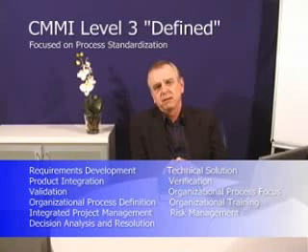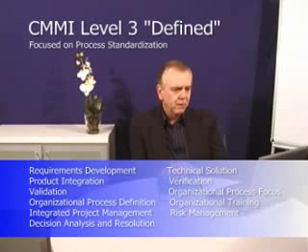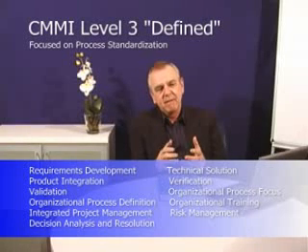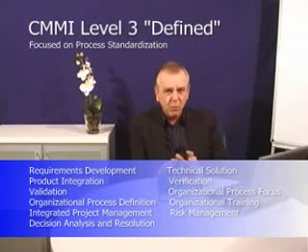Risk management, again, is another management process area that sits on top of project planning, project monitoring and control, but it focuses primarily on the discipline of managing risks, having risk mitigation plans, identifying, prioritizing the risks. And lastly, decision analysis and resolution is the process area that requires that an organization have a formal way to make critical business decisions. Those are all at level 3.